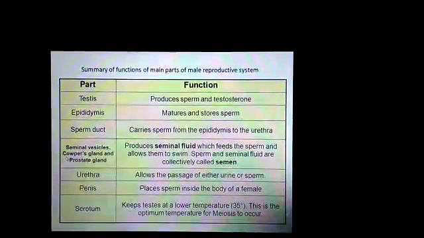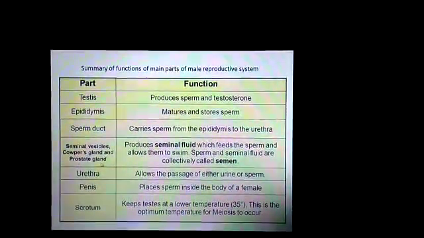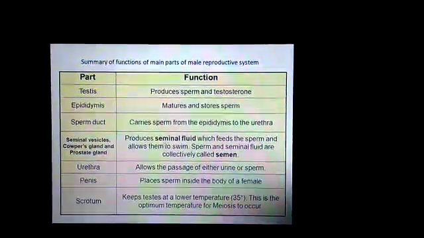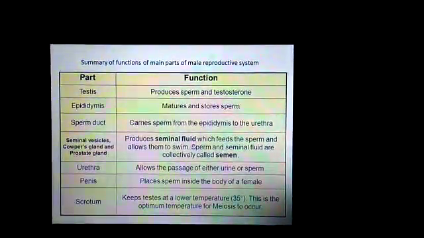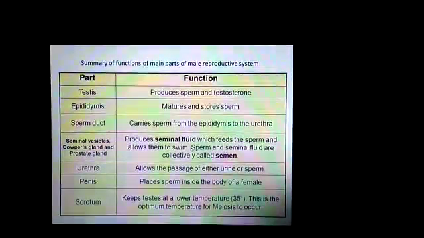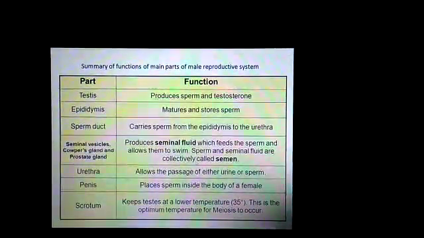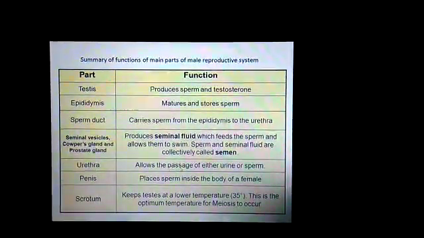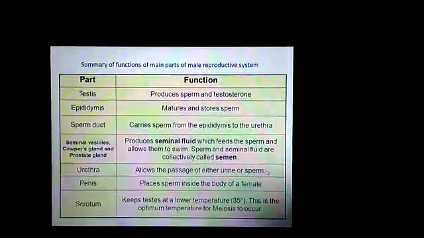Seminal vesicles, Cowper's gland and prostate gland add secondary fluid to the sperm, which are collectively called semen. The urethra allows the passage of either urine or sperm.